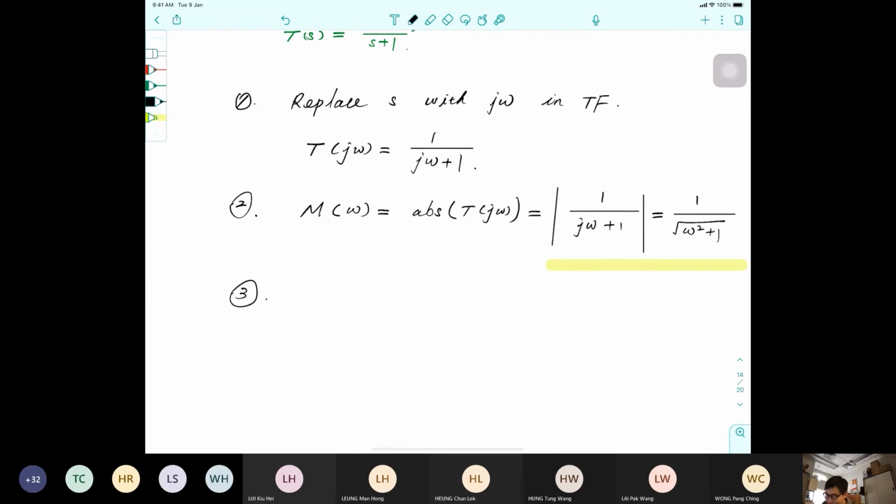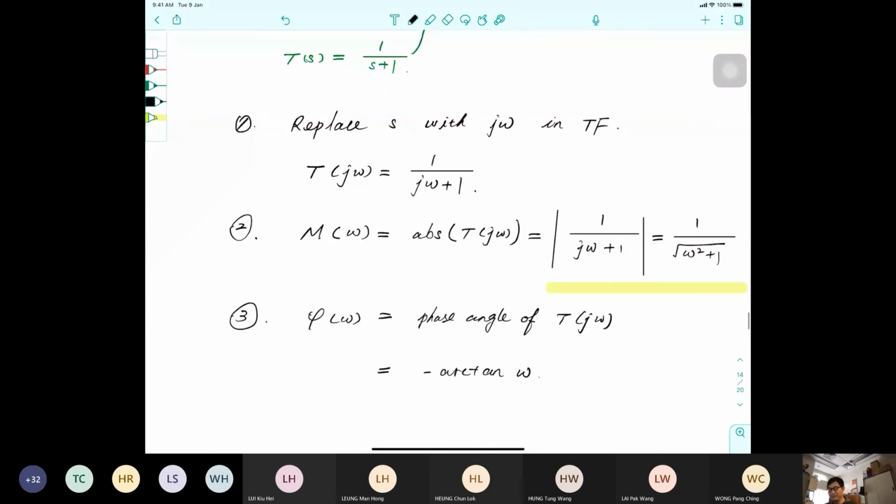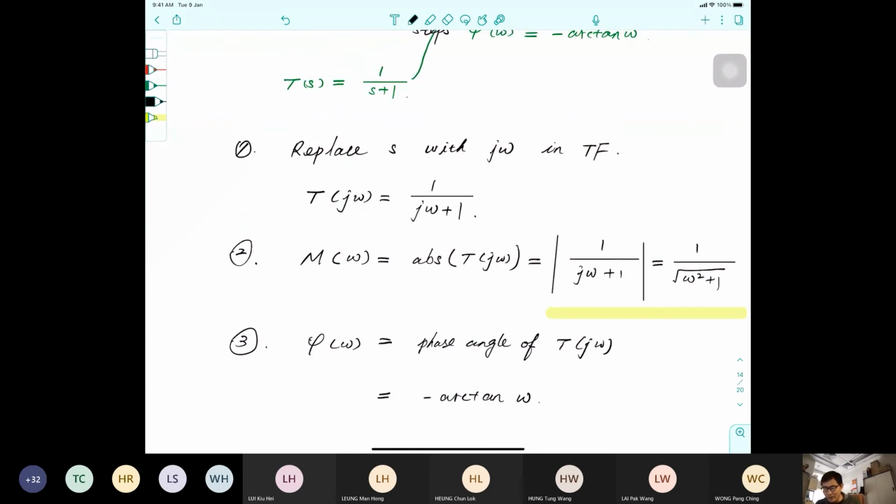Third step. Phi(omega) is the phase angle of T(j omega), which equals negative arctangent omega. Okay, so there are 3 steps.